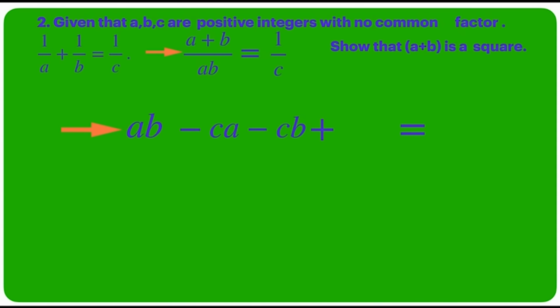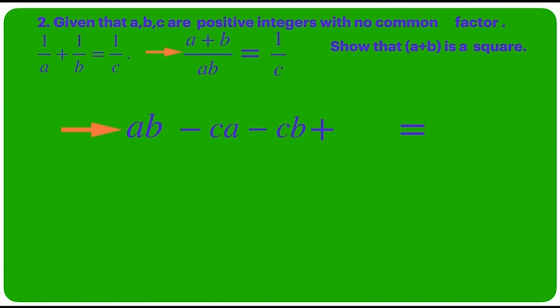Here you have to look at ab minus ca minus cb, these three terms. So what will be the fourth term, so that we can easily factorize with it?